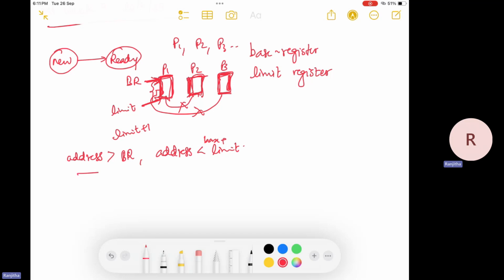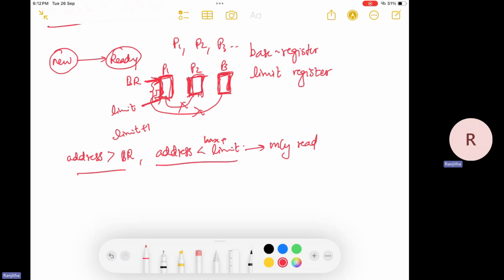This is taken care of by the hardware address protection mechanism before the memory read is done. This check is always done before we go for a memory read, so that no process reads any other process's memory or data.